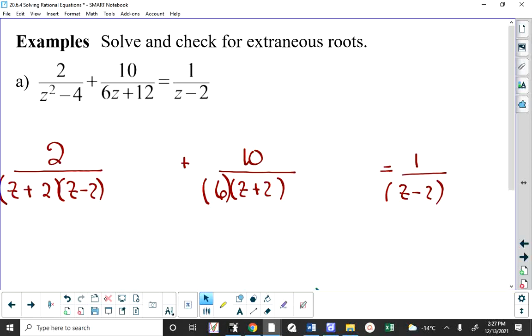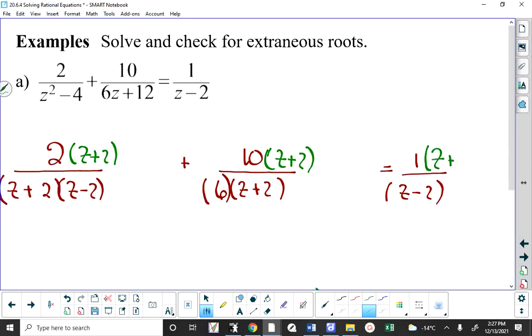So here's how I was taught. And I love this. I think it's brilliant. Do we want denominators? No. So, man, I got a z plus 2 there. I'm going to multiply that by z plus 2 to cancel it. But that means I need to multiply this by z plus 2 and this by z plus 2. Okay, will I have eliminated this z plus 2?